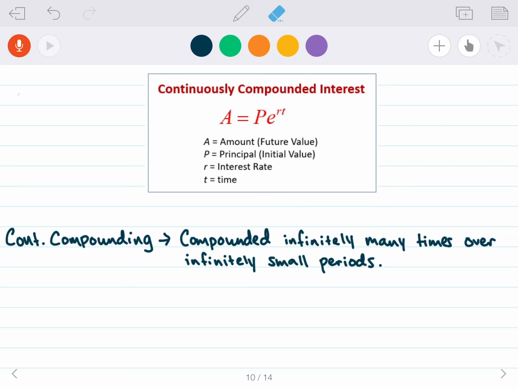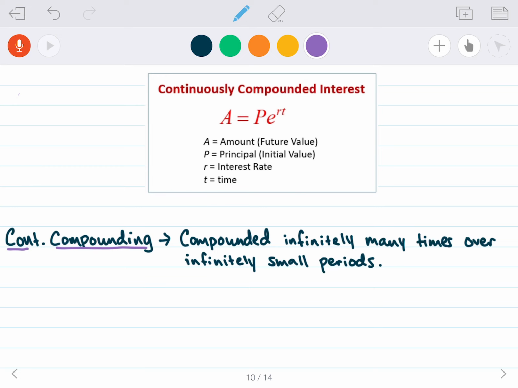Okay, so the next thing we're going to look at is the continuous compounding formula. So what does it mean to compound continuously? This means we're compounding infinitely many times over infinitely many small periods. Okay, and we'll talk more about this in Calc 1, but for now, all we're going to do is focus on the formula and see how continuous compounding is different from regular compounding.